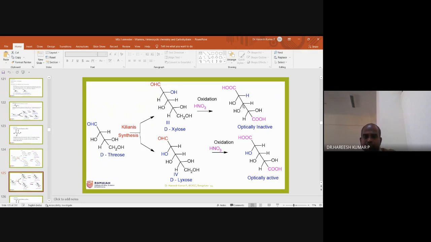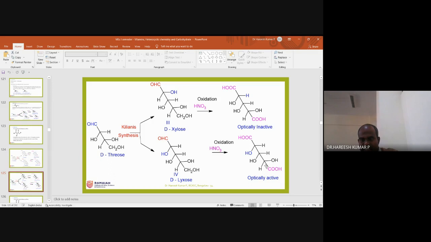That means you can see that the above part is similar to the below one. So that is the reason this moiety won't rotate the plane polarized light, either right or left. That is the reason this is optically inactive.